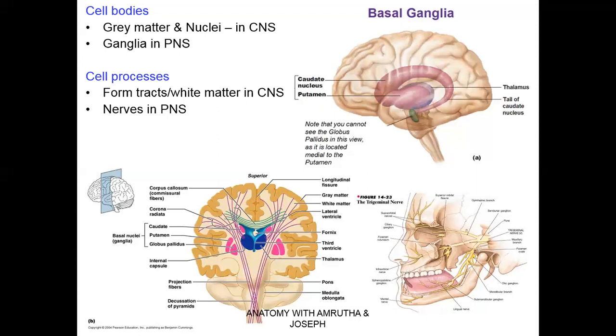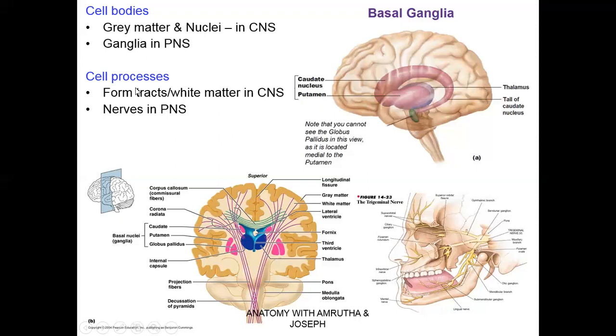So whenever we see a collection of cell bodies in the central nervous system, that is called as gray matter or nuclei. There's a slight difference between this. We will talk about that. Now, the collection of cell bodies of the neurons, if it is present in the peripheral nervous system, then we call it as ganglia.